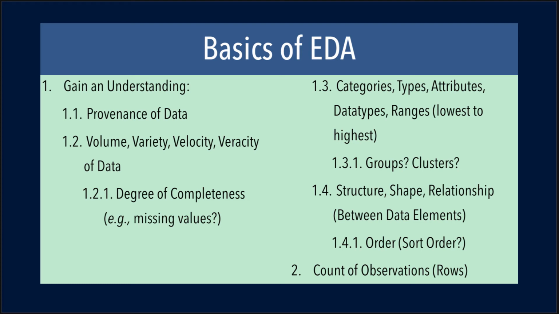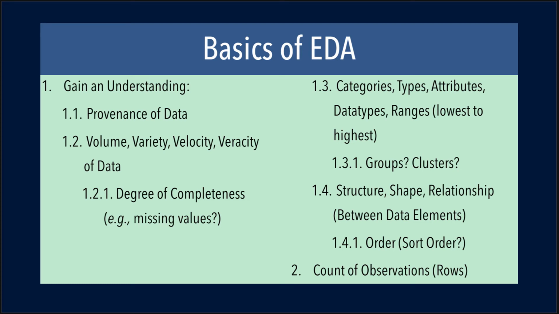We want to understand the structure and the shape and the relationship between data elements. To a degree, you were doing that in the data wrangling exercise. And is there a natural order to a data set, sometimes called sort order? An illustration of that might be transaction identifier, or date, or customer ID, or product ID, etc.